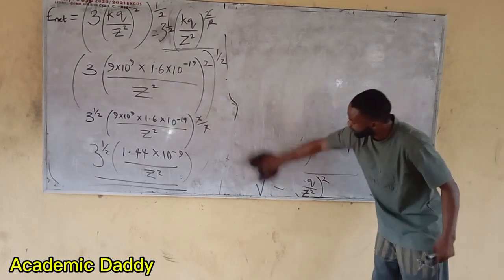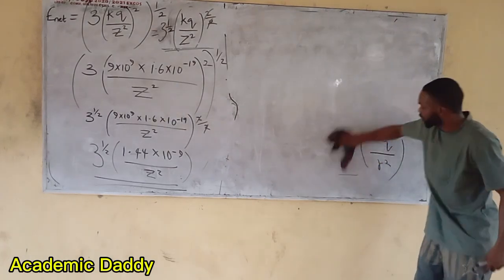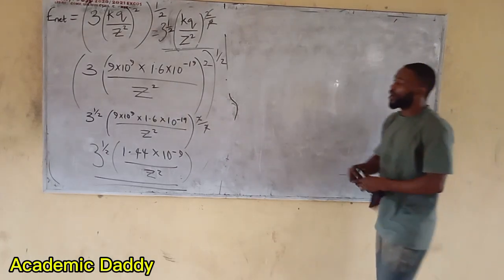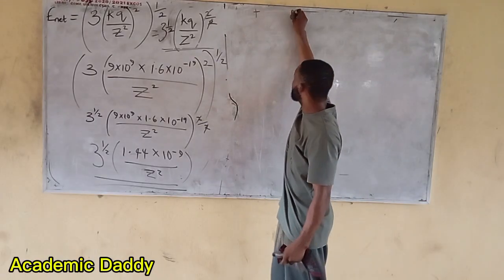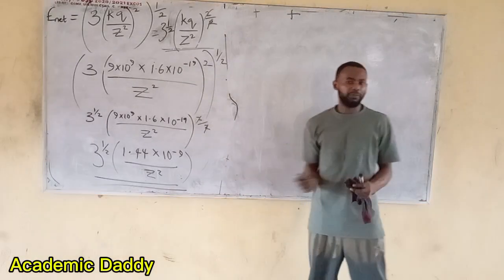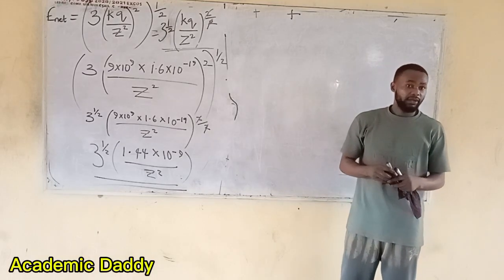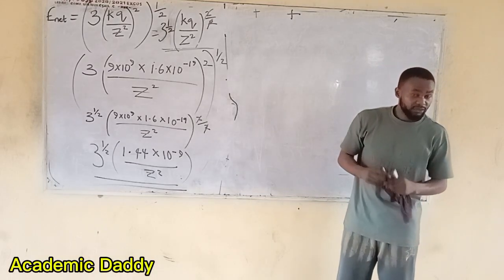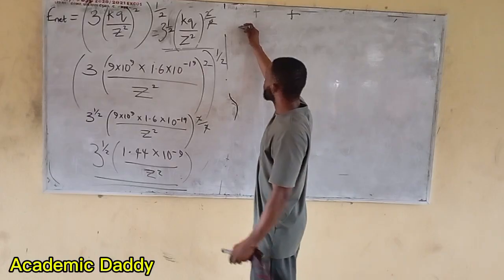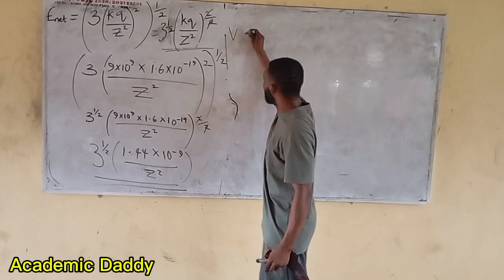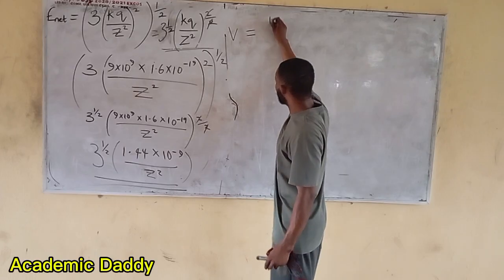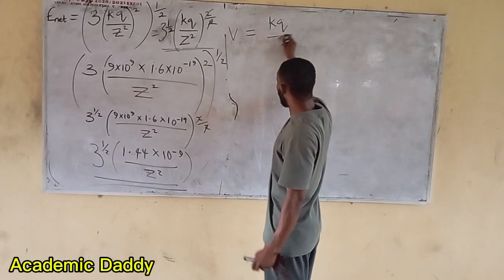These are vector quantities, but assuming it's the electric potential, because you notice automatically that the charges are the same, you just add it up. For electric potential, to find V, you know that V is KQ over R, shall we?